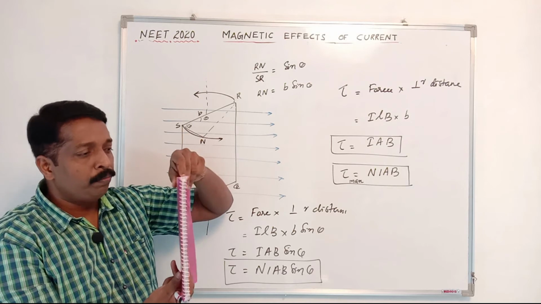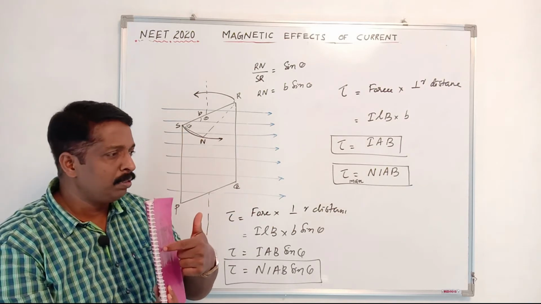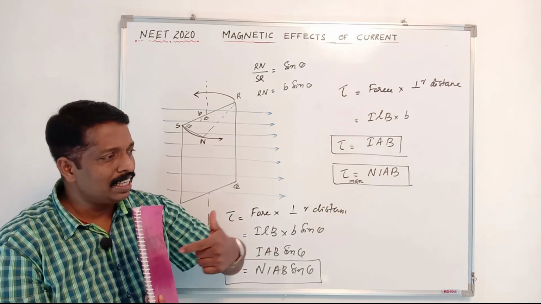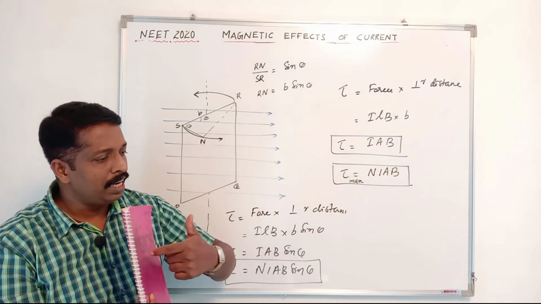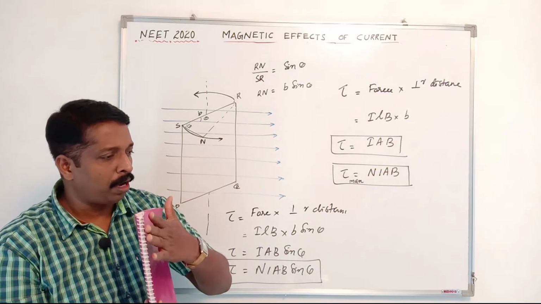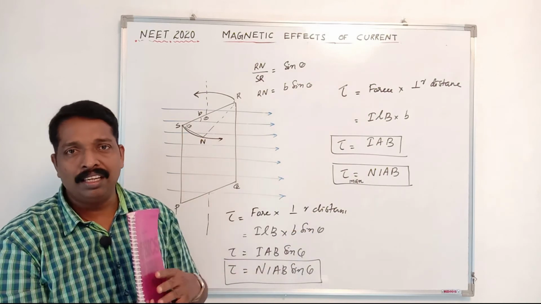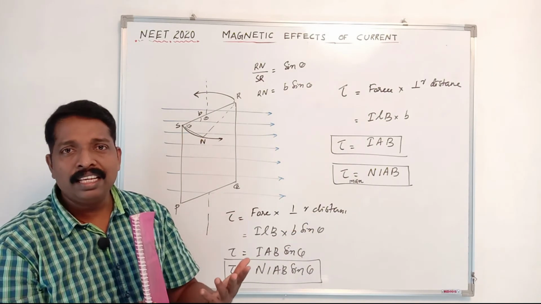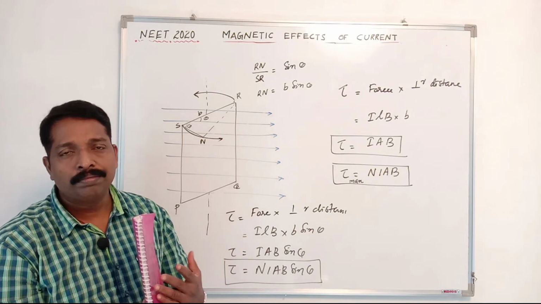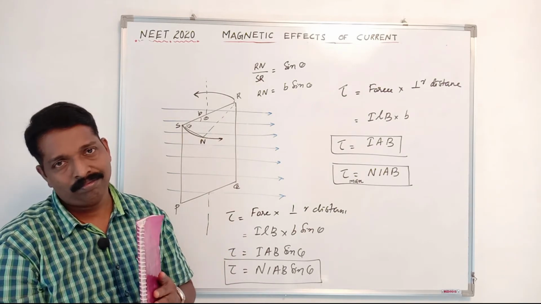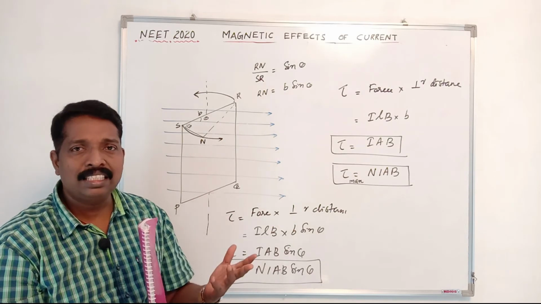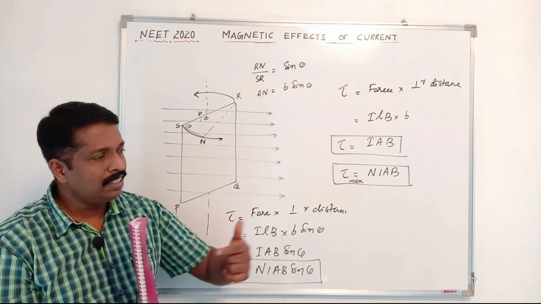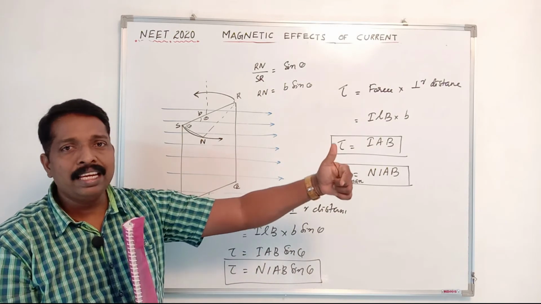So here we have to consider theta as the angle between the area normal of the rectangular wire frame and the magnetic field. So B dot A is B A cos theta. Here theta is the angle between the magnetic field vector and the area vector.